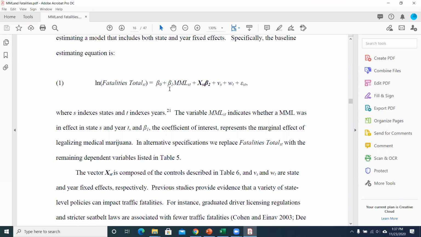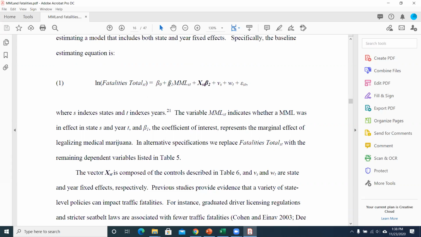They then have this indicator, and the way they write this, ST is saying their observations are a state at a particular year. They've got 20, 30 years of data, every single state, with traffic fatalities in each of those years. They then say, in that year, did the state have medical marijuana legalized? It's a 1 if they did, 0 if not.